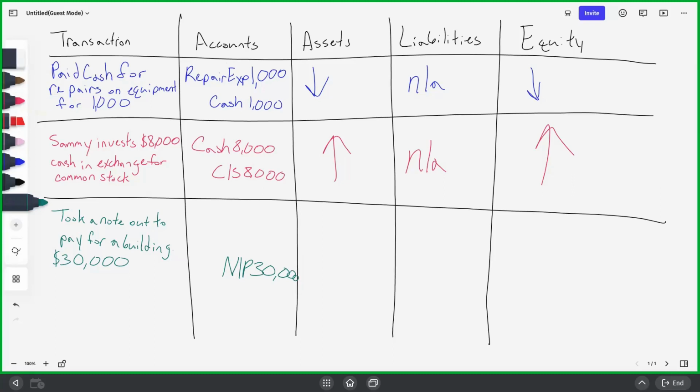Building. Perfect. All right, what's happening to our assets? What's happening to our liabilities? Perfect. And anything happening with equity?